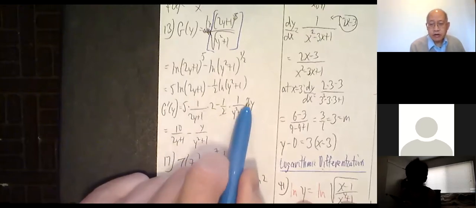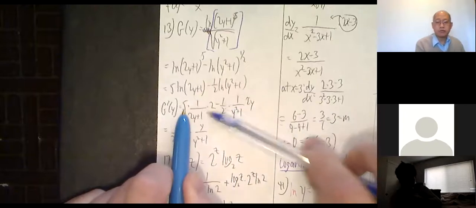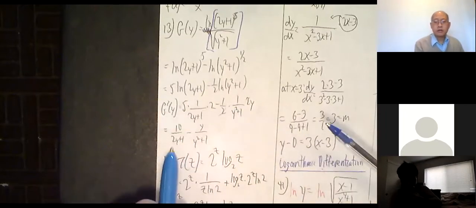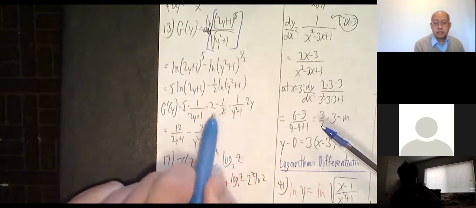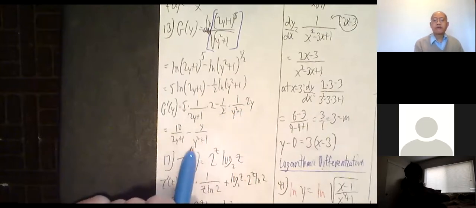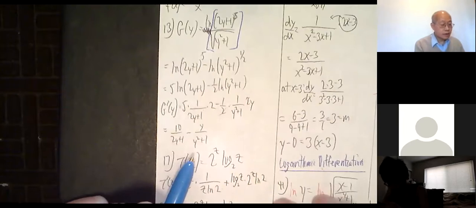Very conveniently, I notice that the 2 cancels that 2. So this is going to be 5 times 1 times 2, 10 over 2y plus 1, minus, the 2's cancel out, so you just have y over y squared plus 1. And that'll be my answer for that one.